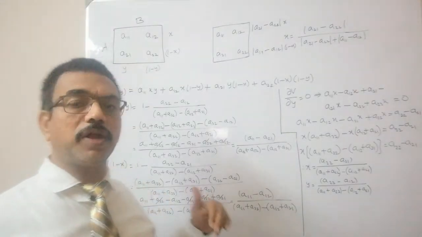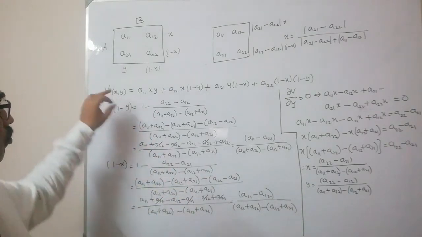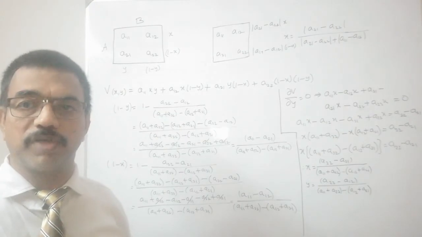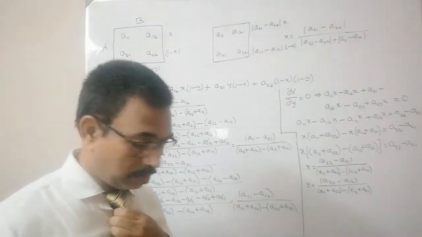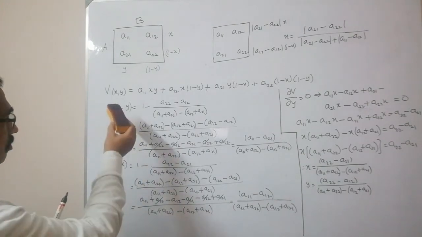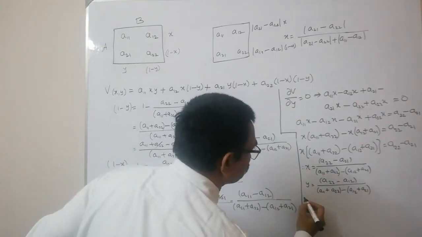Now by substituting for these four, x, y, 1 minus x and 1 minus y in this expression, we will get the value of the game. Okay, so now we have x, y, here I will note down 1 minus x and 1 minus y.